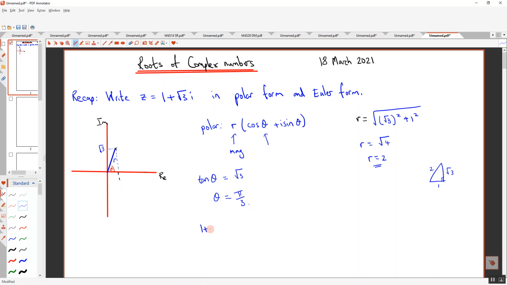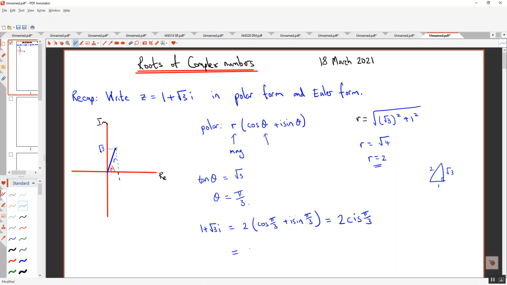So 1 plus root 3 I is equal to 2 cos pi over 3 plus I sine pi over 3. And the shorthand way to write this, we could write it as 2 CIS pi over 3. Okay, so that's just the shorthand way of writing cos pi over 3 plus I sine pi over 3.